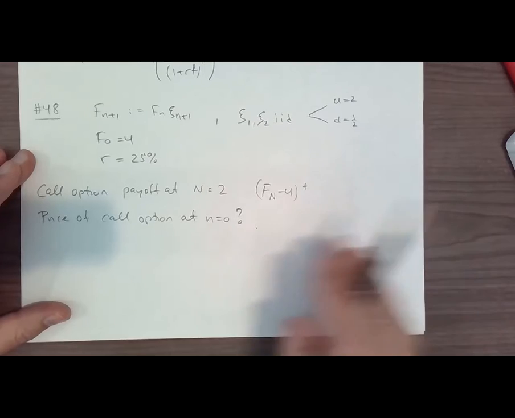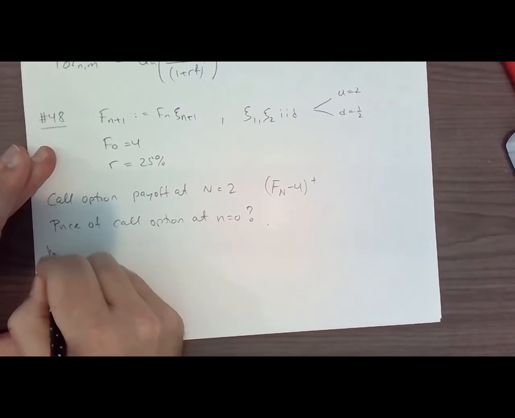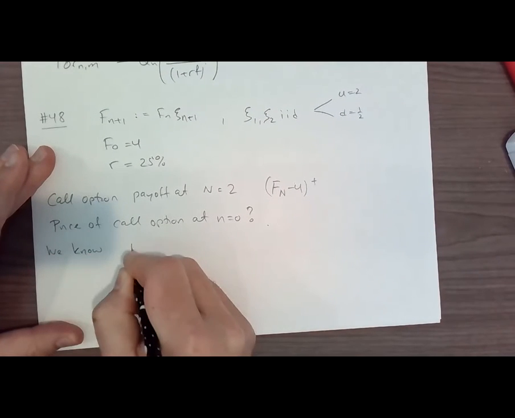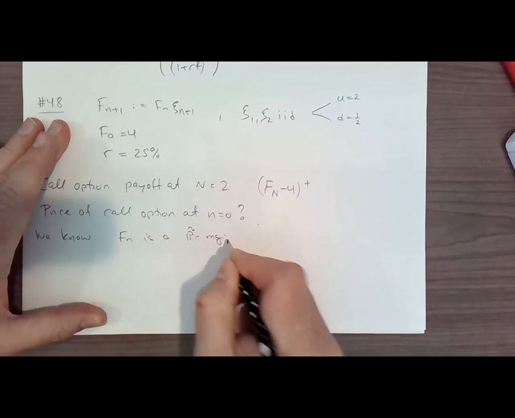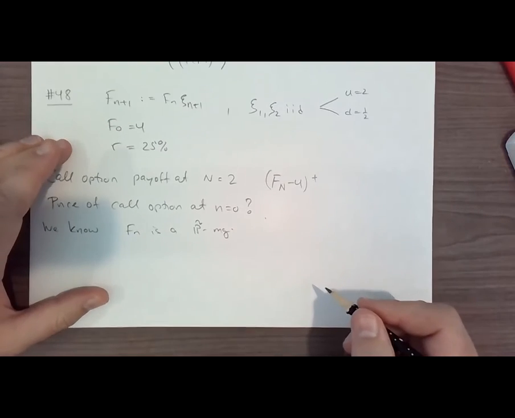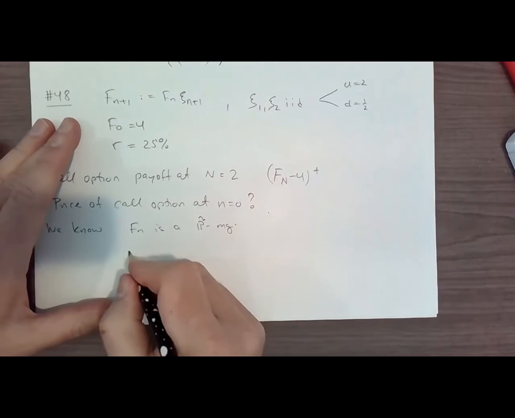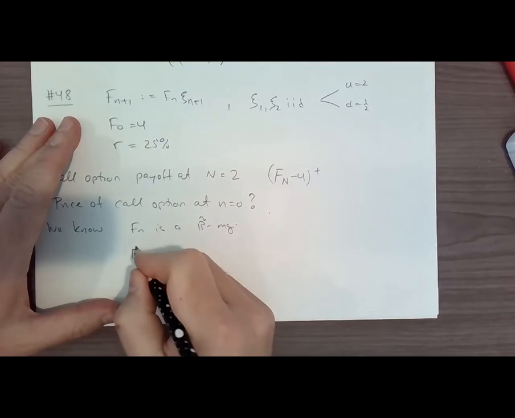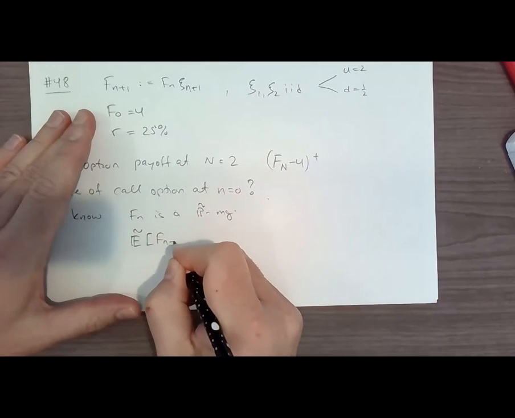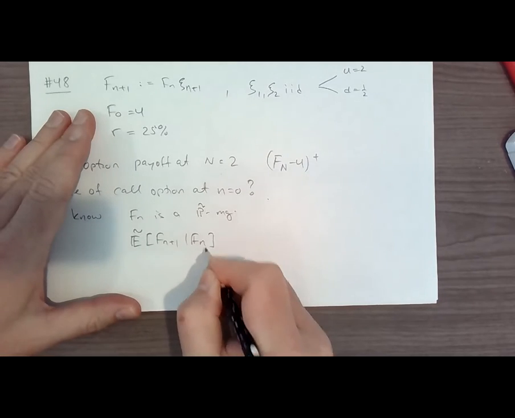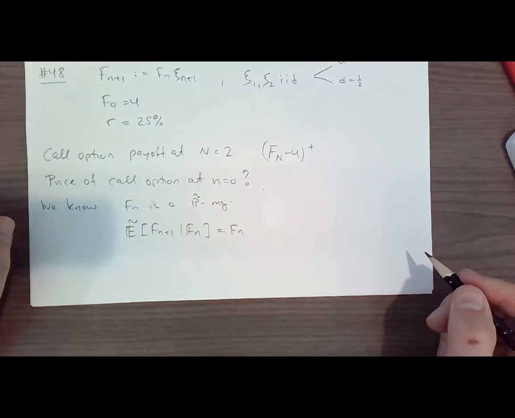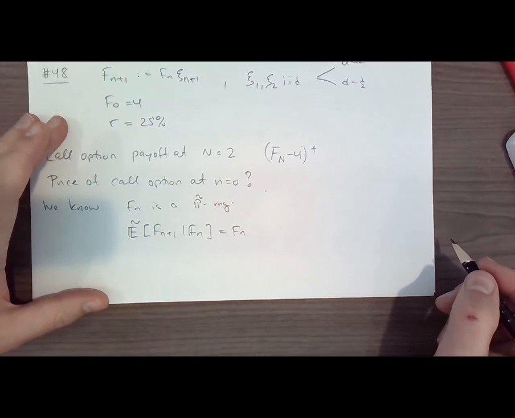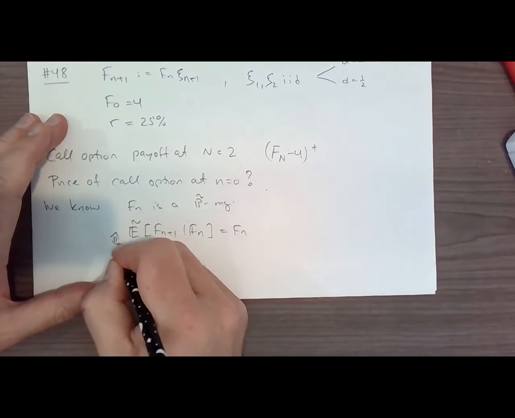So let's maybe start by working that out. We know that this F_n is a P tilde martingale. So the conditional expectation of F_{n+1} given information up to time n, we know that this is F_n. So let's try to work that out.